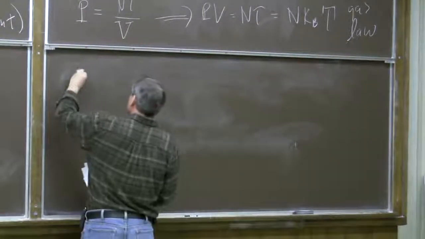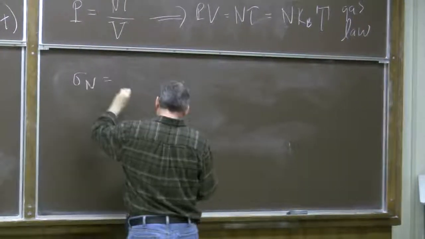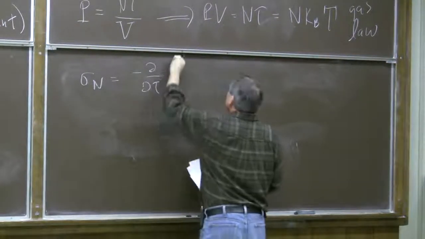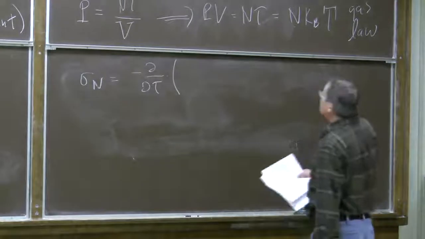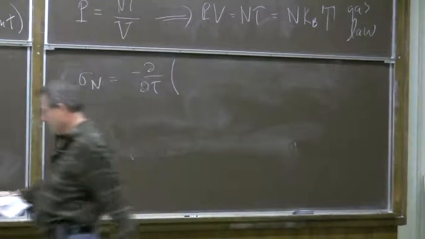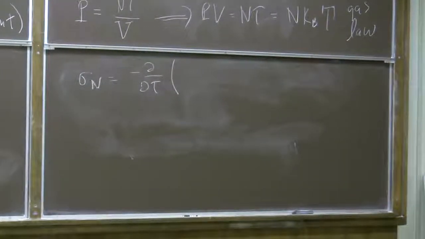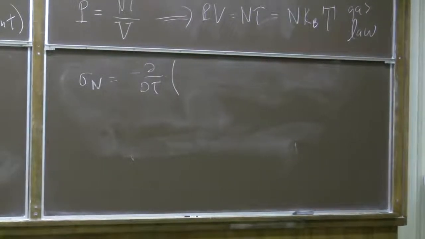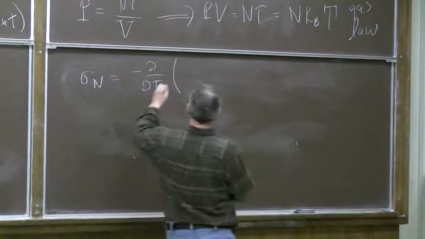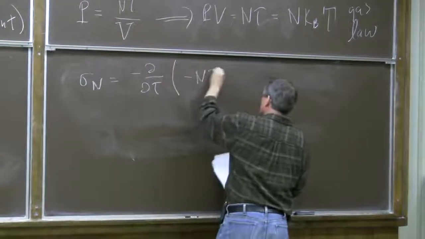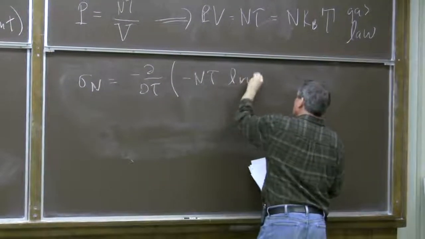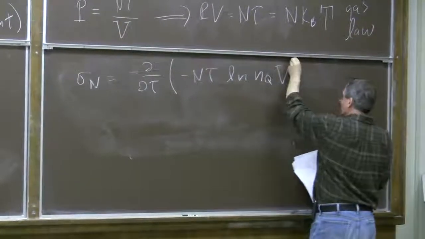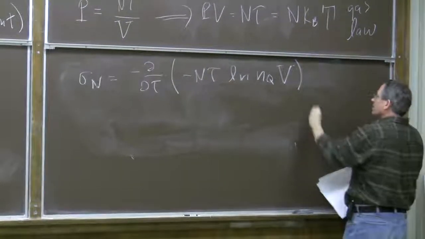So the entropy, again, is minus the derivative with respect to temperature of the free energy. Free energy is over here. So we're going to differentiate minus n tau times the log of quantum concentration times volume, and we're going to do that with volume fixed.